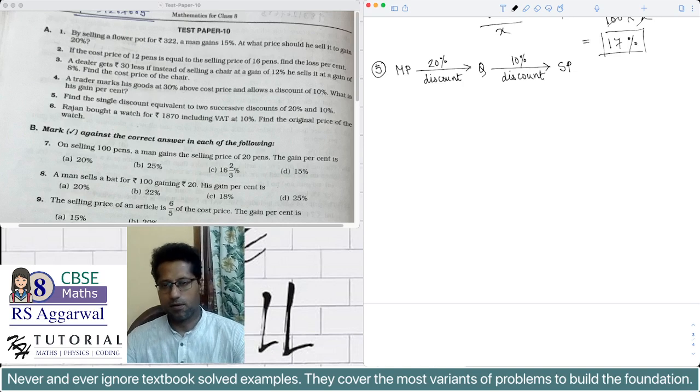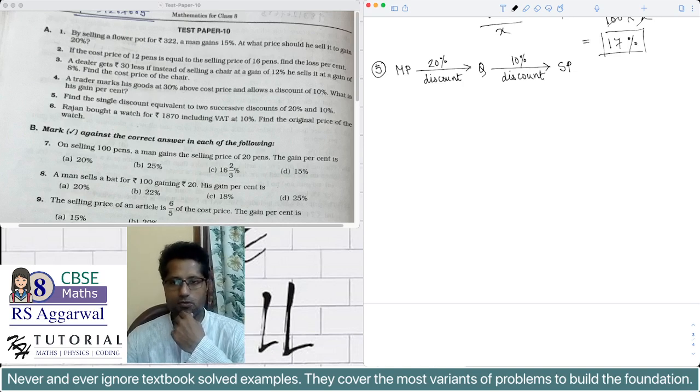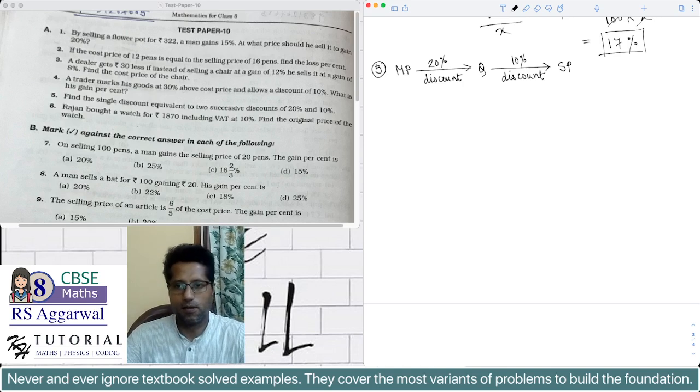So this is the scenario for two successive discounts of 20% and 10%. Let's say the mark price is X, I mean it is, let's say, rupees X.